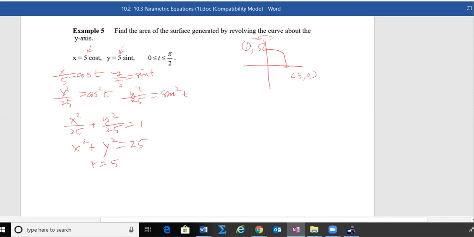So that will generate a hemisphere, and we want the surface area. So it's just half of the full 4 pi r squared. This is the number we're looking for. We should get to this by the time we're done cutting it by 2. So it's 2 pi r squared. Let's see if we don't get that.